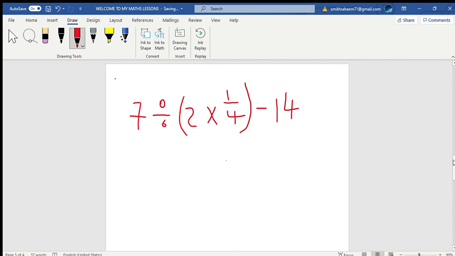Alright, so we're going to work out this problem first. So we're going to do the bracket first. So it should be 2 multiplied by a quarter. Two multiplied by a quarter will give you a half.